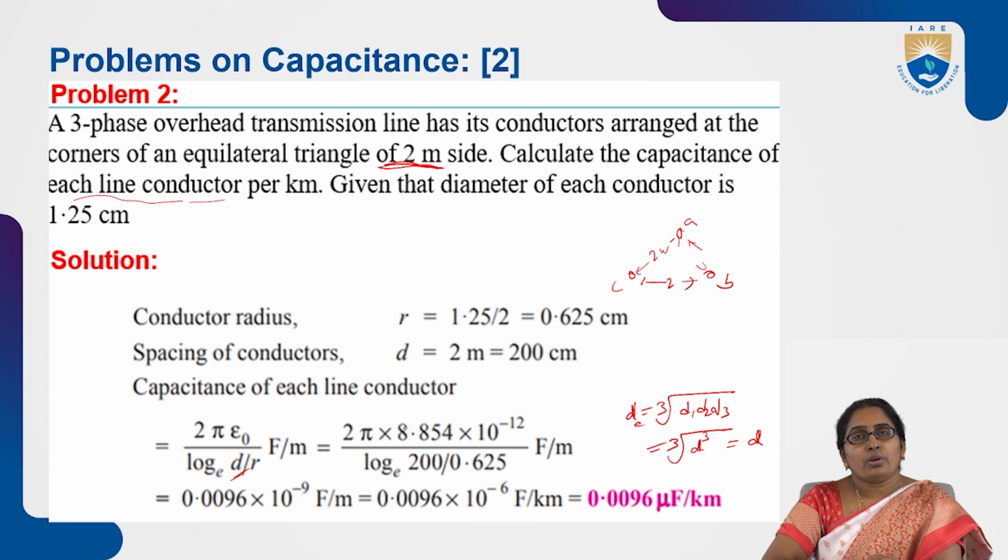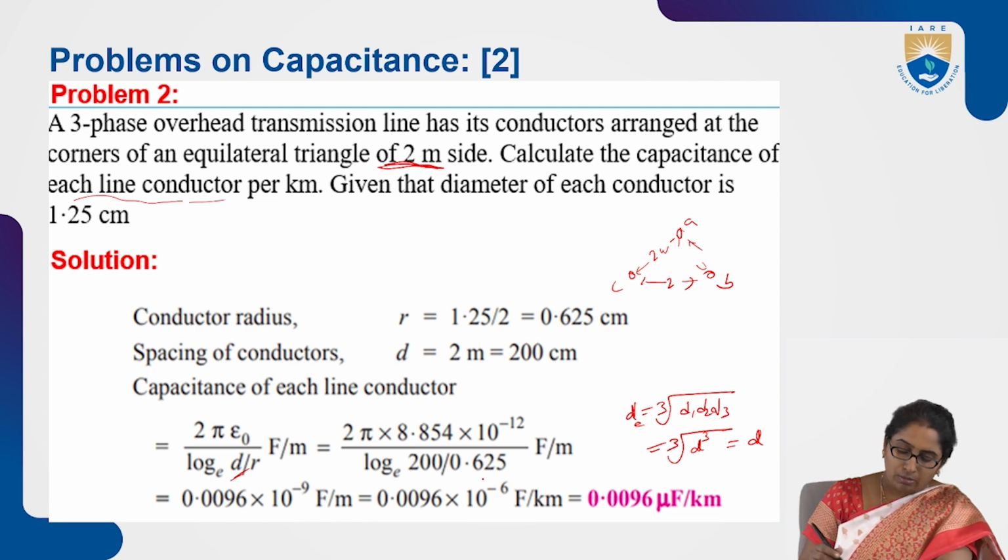Substituting the epsilon naught value, d as 200 centimeters, and r as 0.625, we get the capacitance in farads per meter. They asked per kilometer, so multiplying by 10 power 3, it becomes 0.0096 into 10 power minus 6 farads per kilometer. In microfarads, it is 0.0096 microfarads per kilometer.